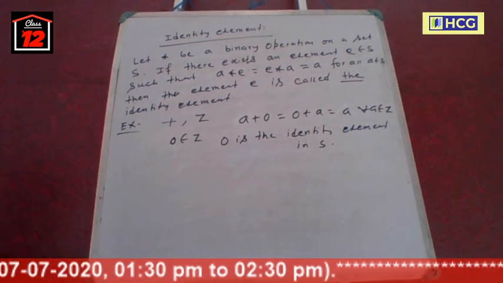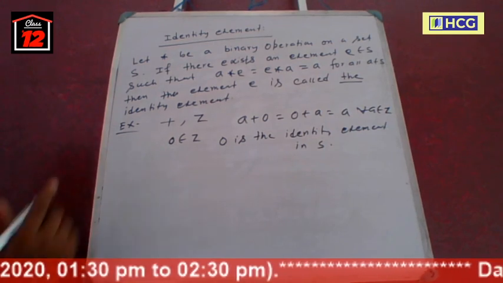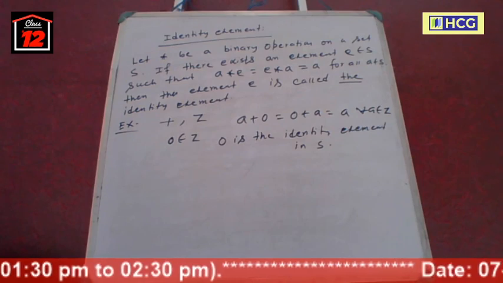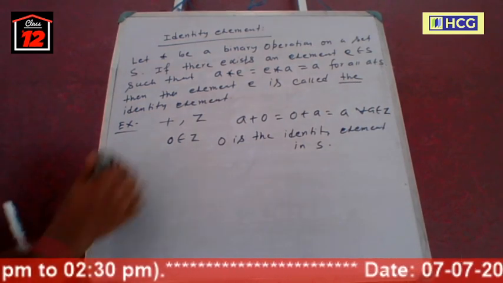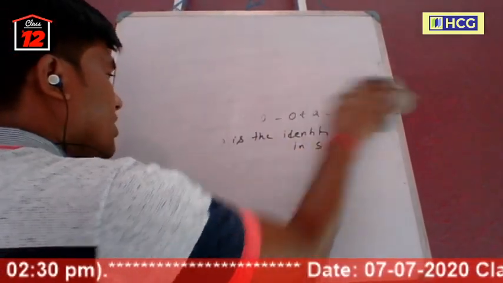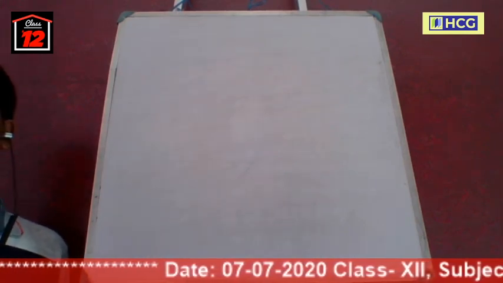Why the identity? Because the identity element is unique. Now there is a theorem, the statement of the theorem. If the identity element exists for an operation, then we can prove that the identity element is unique.